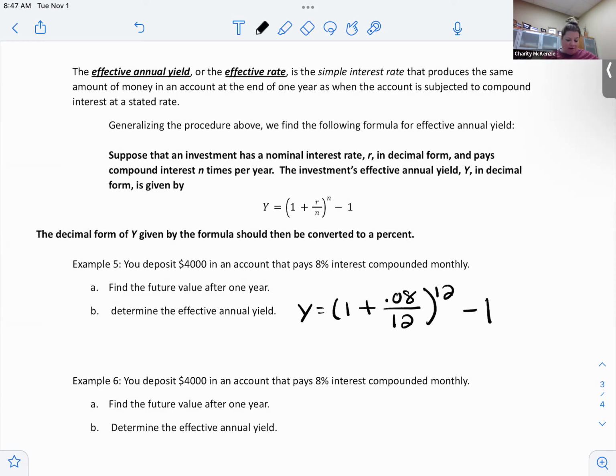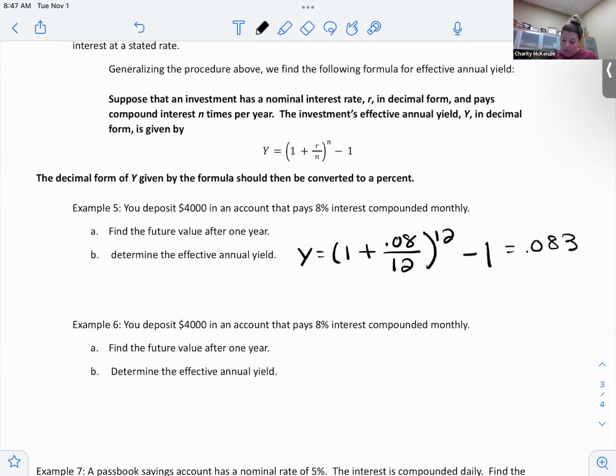Okay, so let's put that in our calculator. Parenthesis 1 plus 0.08 divided by 12, to the 12th power, and then minus 1 is going to give me a rate of 0.083. It's like 0.08299999, so about 8.3%.